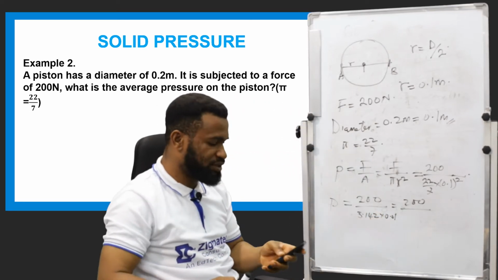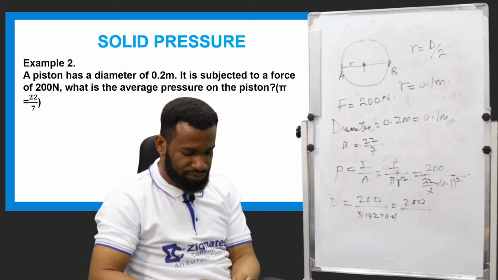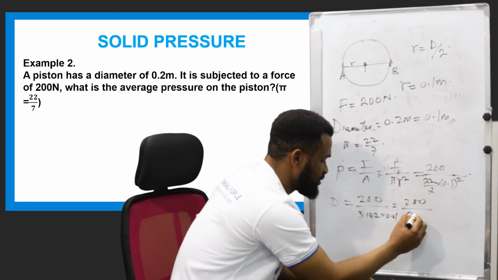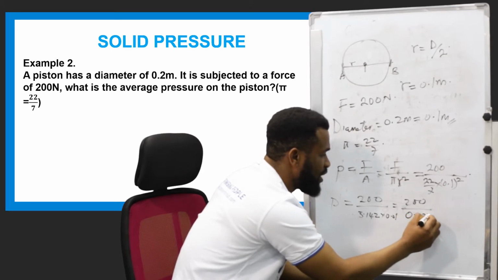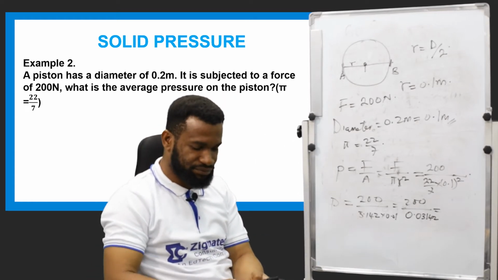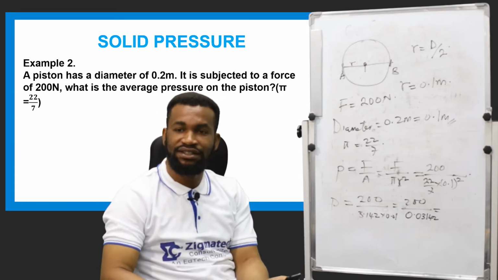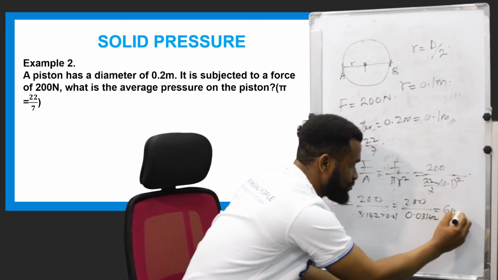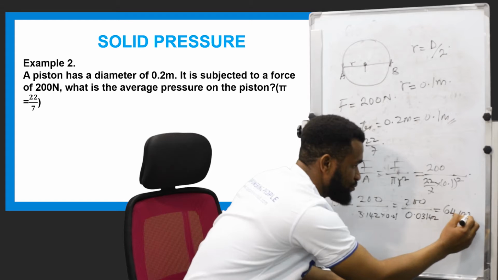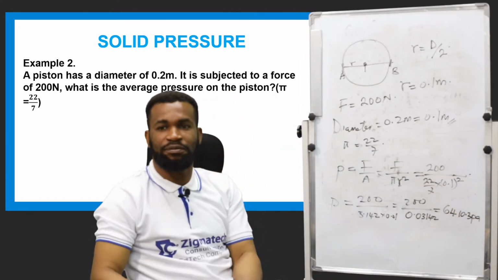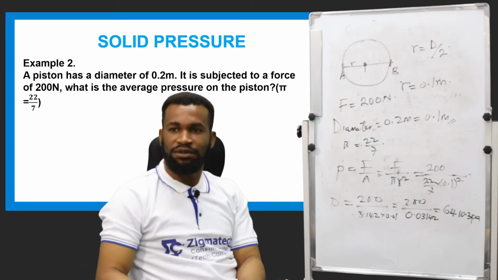So when you multiply that with 3.142, we have 0.03142, then 200 divided by that. So we say that the pressure exerted is 6410.3 Pascal on this problem.